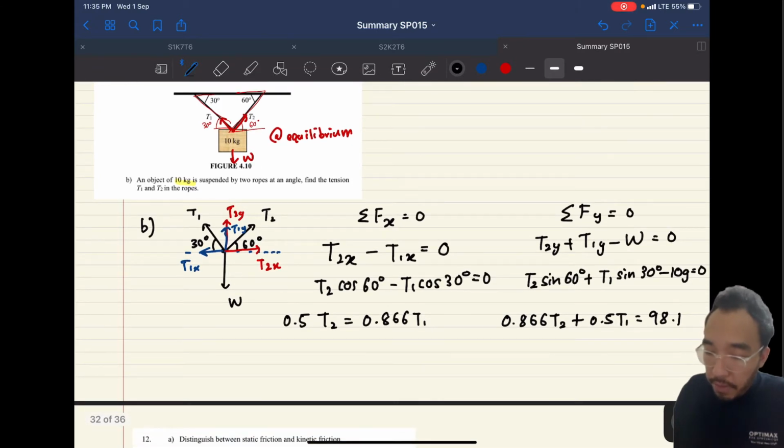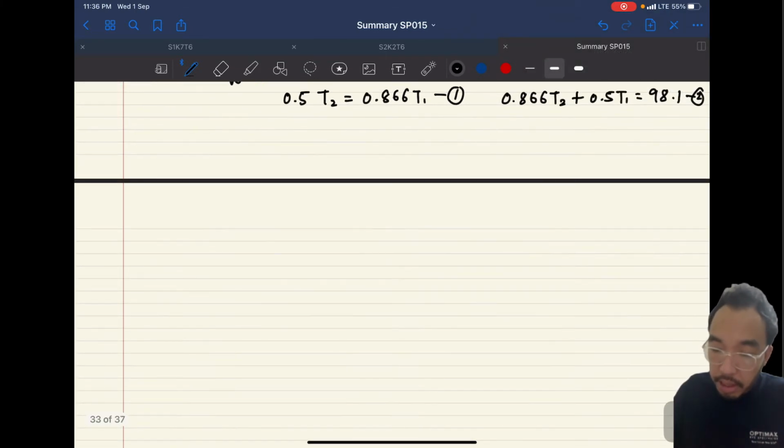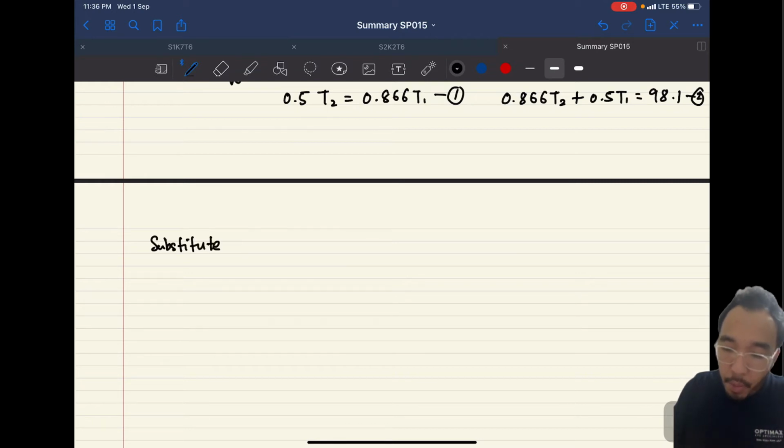Okay, so now I have my first equation and my second equation. Again, I will try to show you one by one so that you guys don't miss anything. So substitute T1 into 2. I might have to take a break after this. Then I will have 0.866.